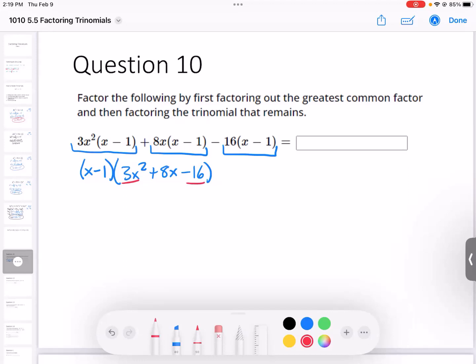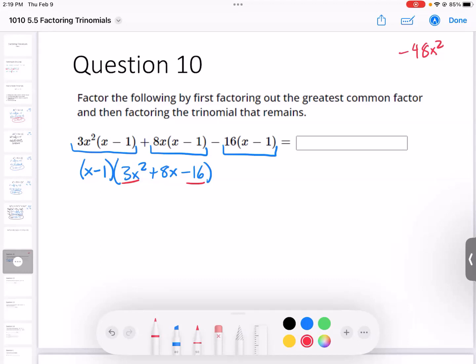I'll take my first and last term, multiply them together, and is it negative 48x squared? I think that's what 16 times 3 is, but someone want to check that? Pretty sure that's right, because 3 times 15 is 45, and if you add 3, I think that should be right.